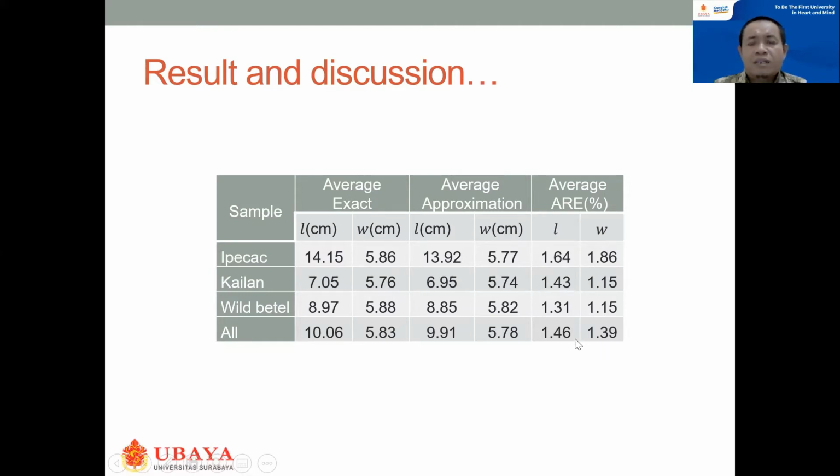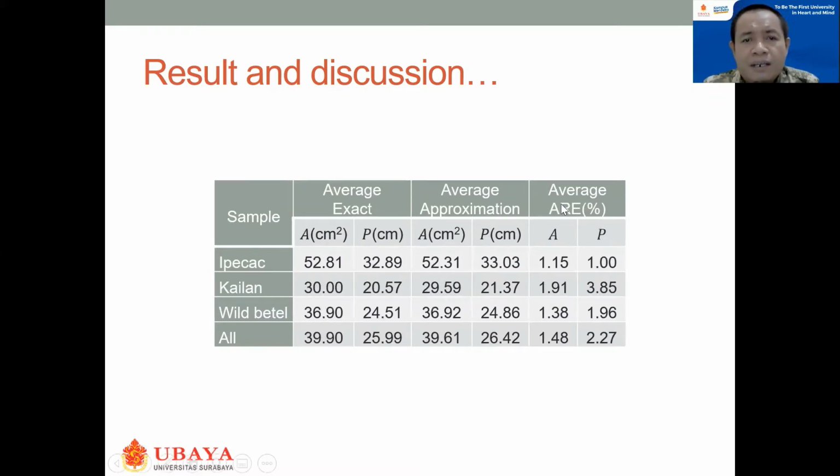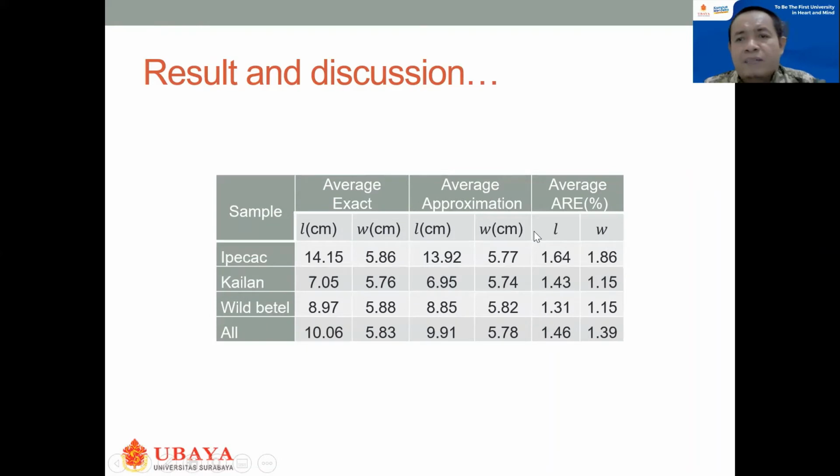So very small error. So we can conclude that the proposed system is very accurate in measuring area, perimeter, length, and width of the leaf.